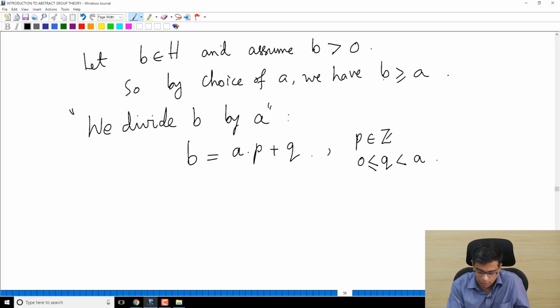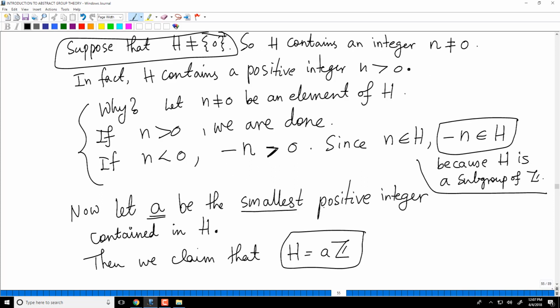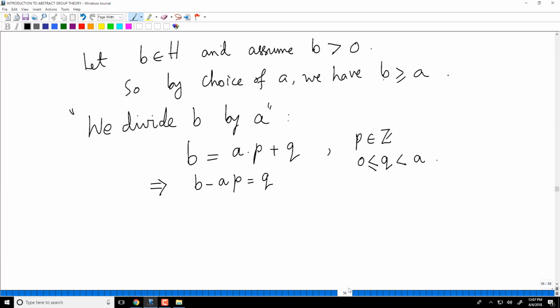So, I have this. Now, this equation will translate to B minus AP equals Q. Now, let us observe this closely. B is in H, that is by hypothesis. A is of course in H, because remember that A was the smallest positive integer contained in H. So, we claim A is in H, B is in H, again using the properties of a subgroup.